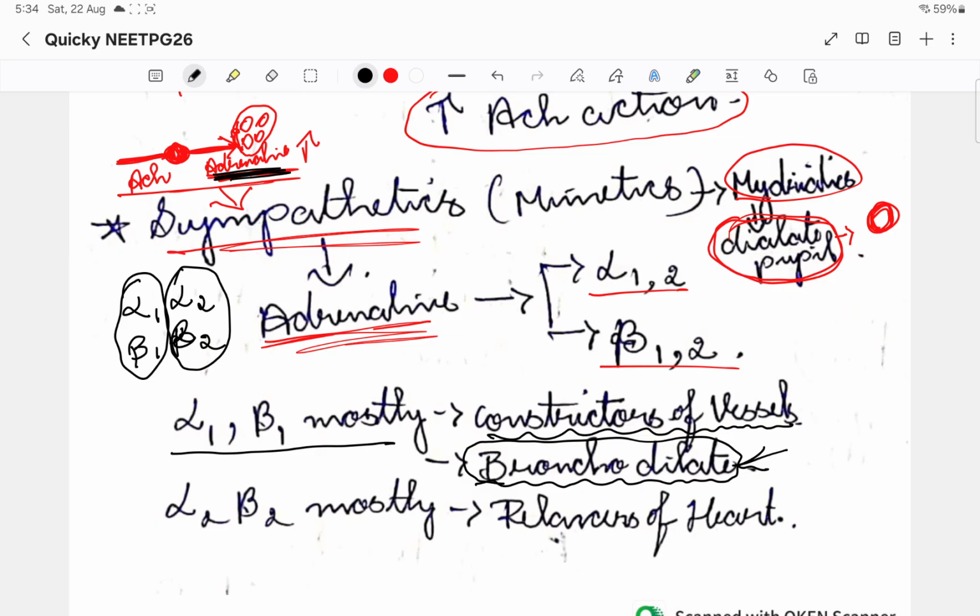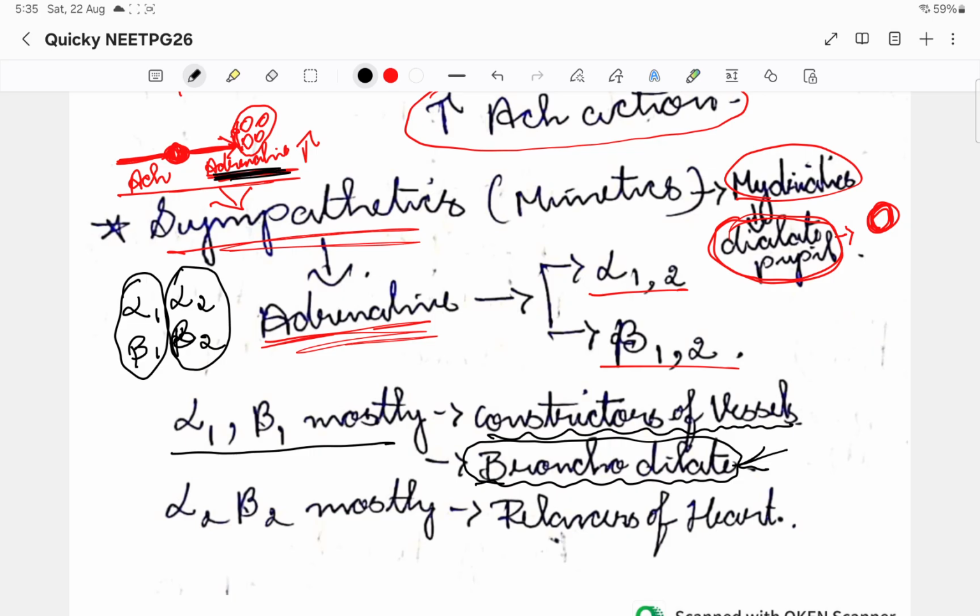If I start constricting my bronchioles and trachea, there won't be enough oxygen needed for me to run. So dilation of the bronchioles will happen. Remember, alpha 1 and beta 1 are the perfect sympathetics. Both of them are friends, and they will cause bronchodilation.